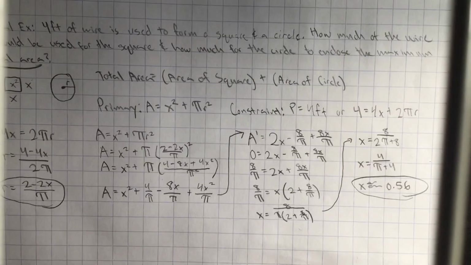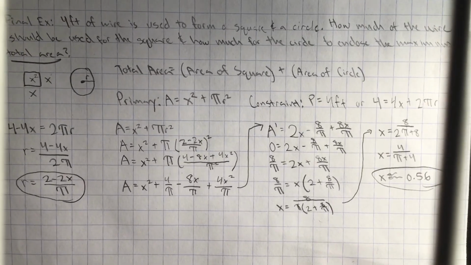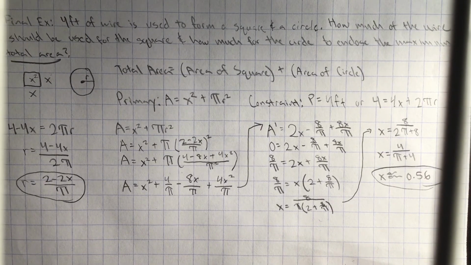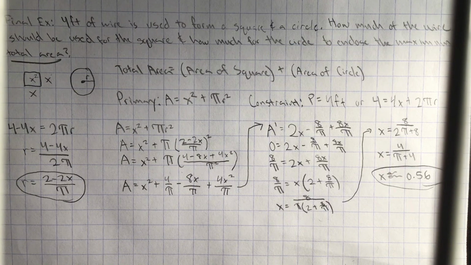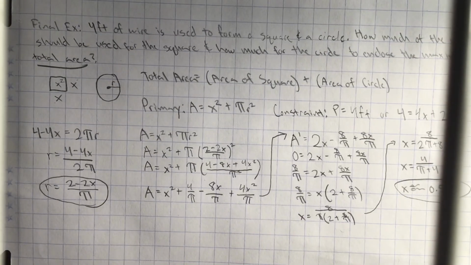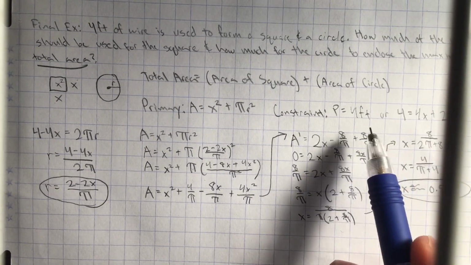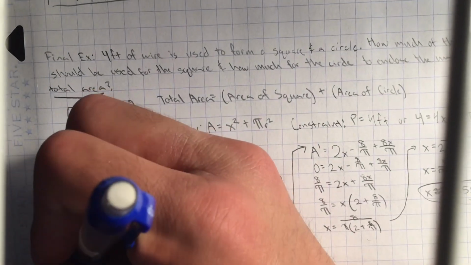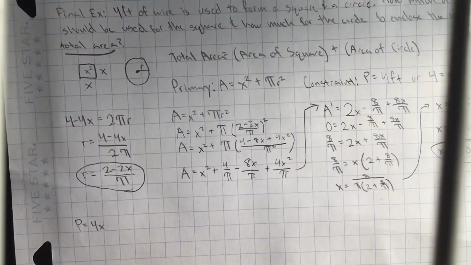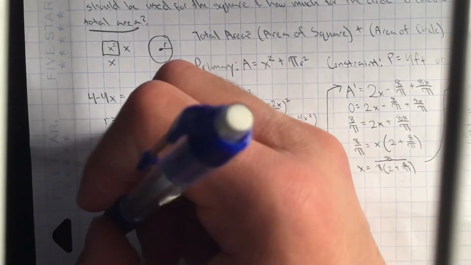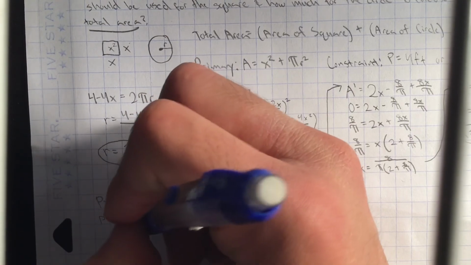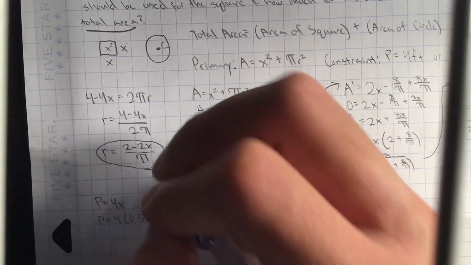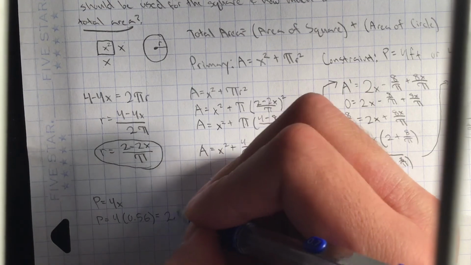But we're not done yet. We need to plug that back into our perimeter to find the perimeter of the square. The perimeter of the square equals 4x, and 4 times 0.56 equals 2.24 feet.